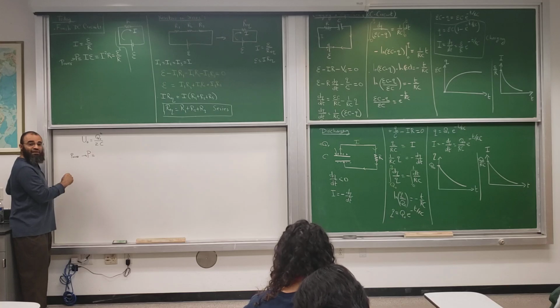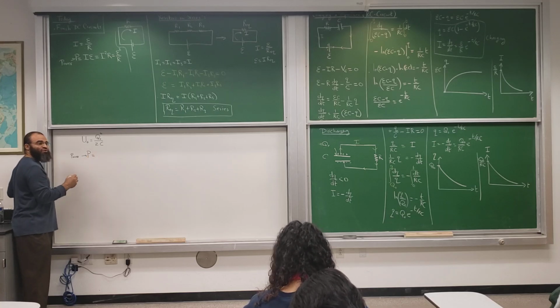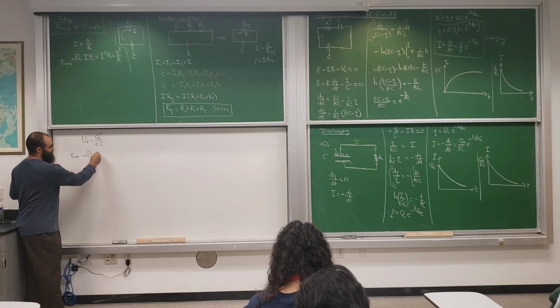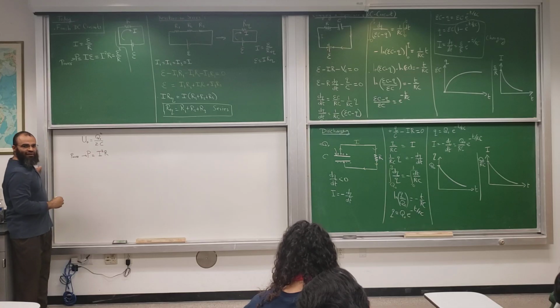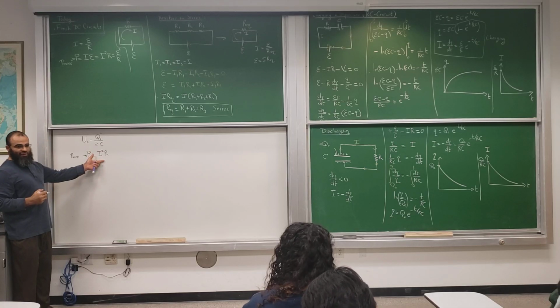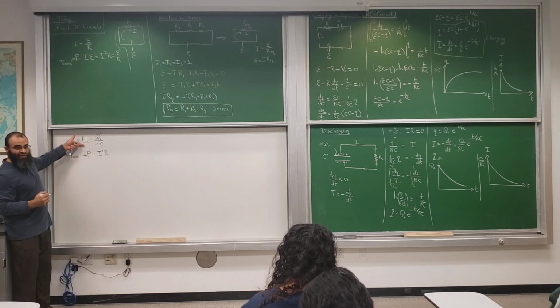IV. Yeah, IV. Or how about in terms of current and resistance only? I squared R, good. And we want to show that the total energy consumed by the resistor will be equal to this initial energy.